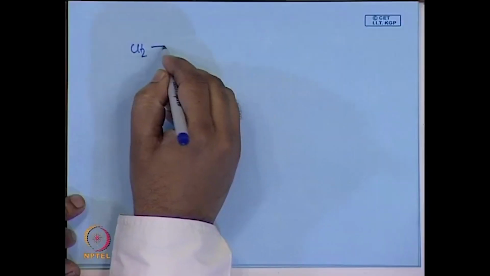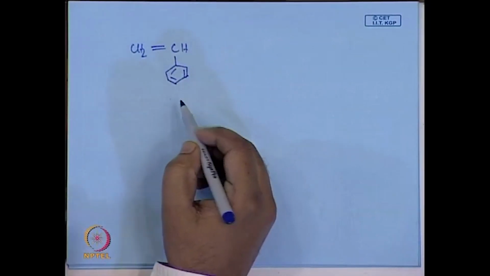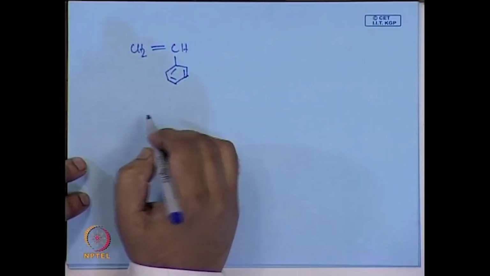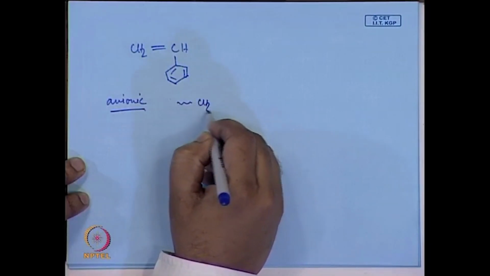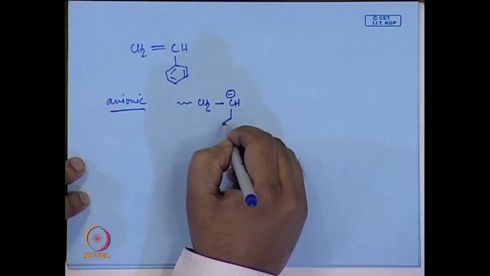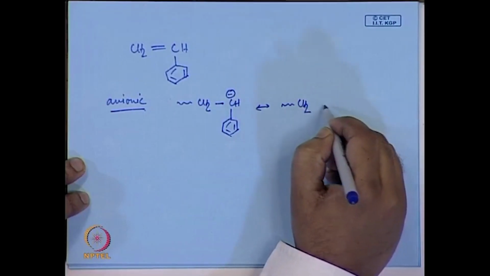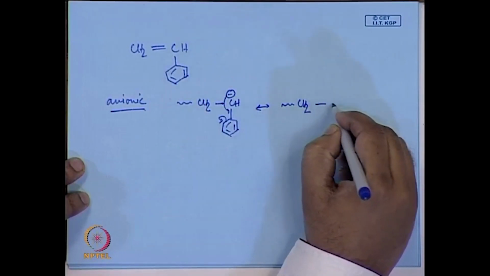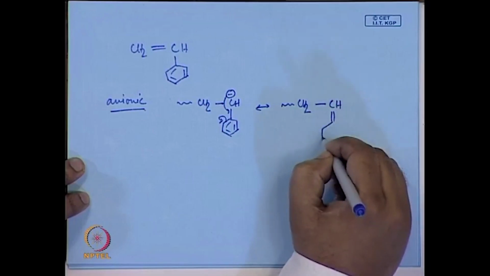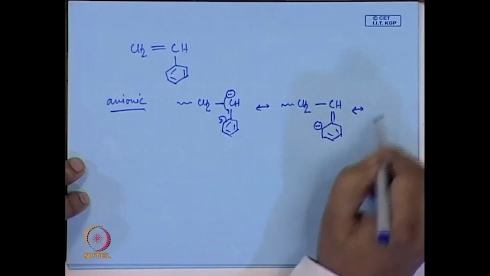Now, if you have a monomer like styrene, then what happens if you have an anionic case? You have other resonating structures.